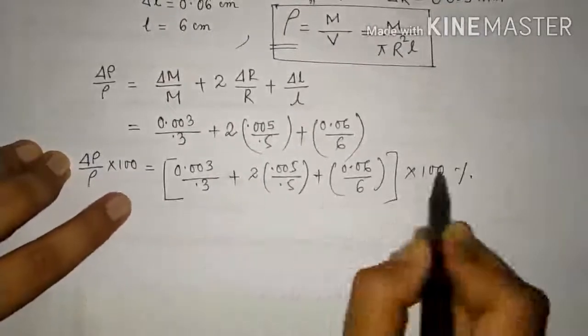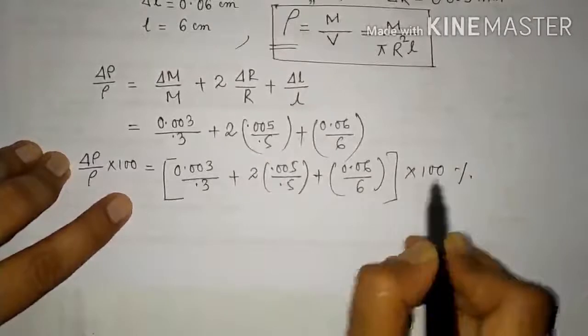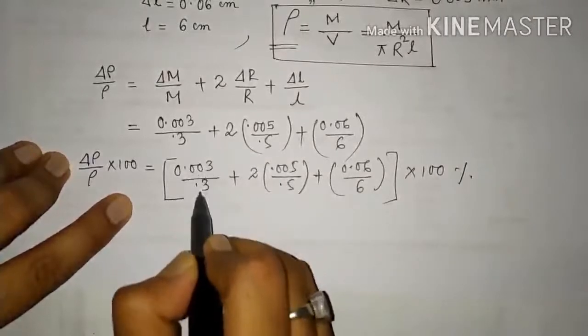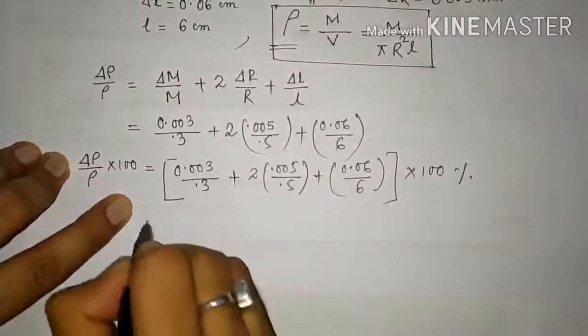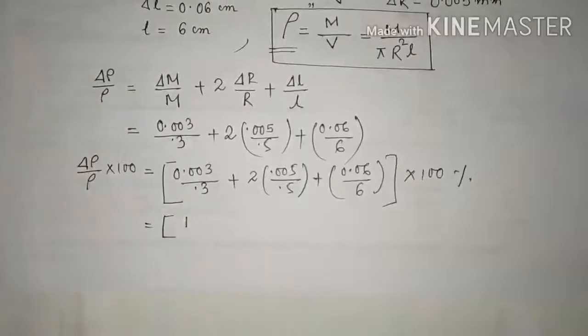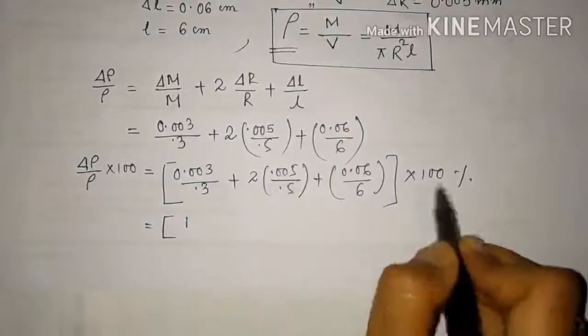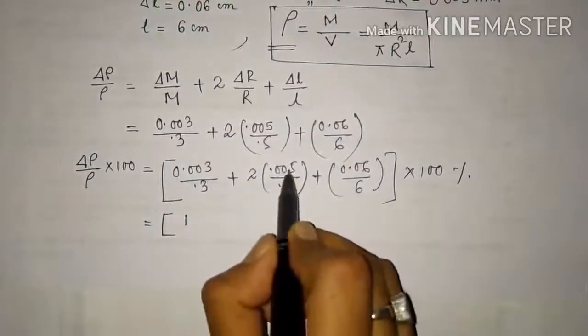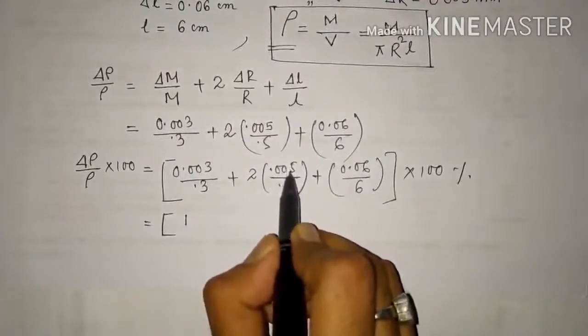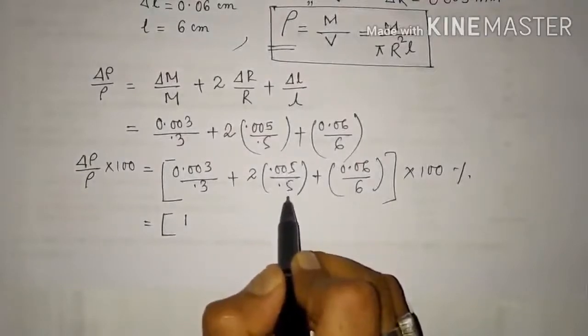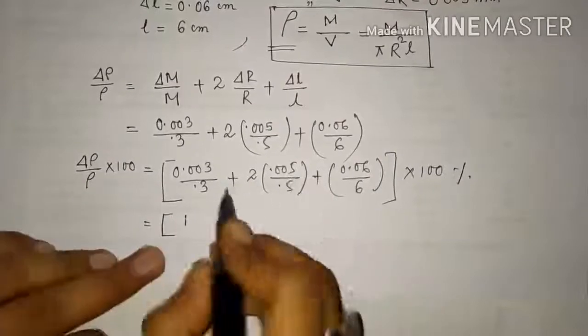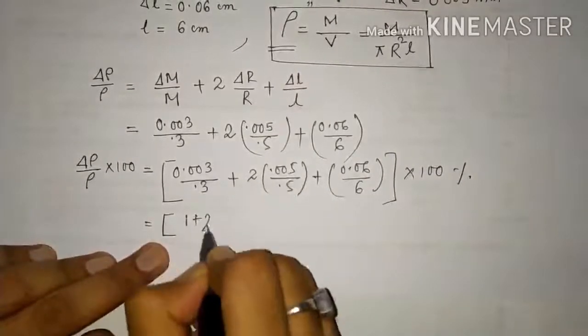So now you see, if I multiply 0.003 by 100, there will be 0.3. So that 0.3 and this 0.3 will just cancel out, and I will have a 1 here. 0.005 multiplied by 100 will be 0.5. So this 0.5 appearing in the numerator will cancel with the 0.5 appearing in the denominator. So there will be again 1. So 1 into 2 will be 2.